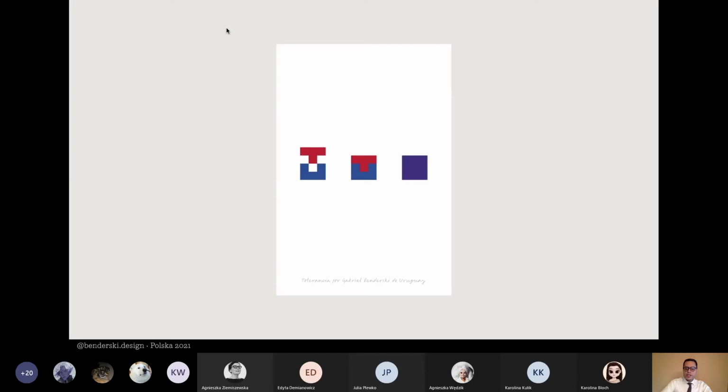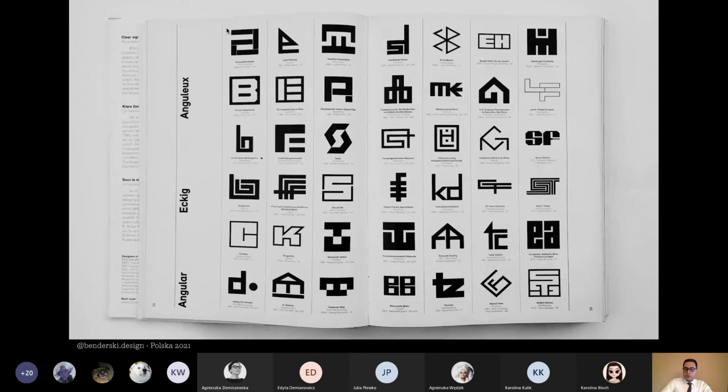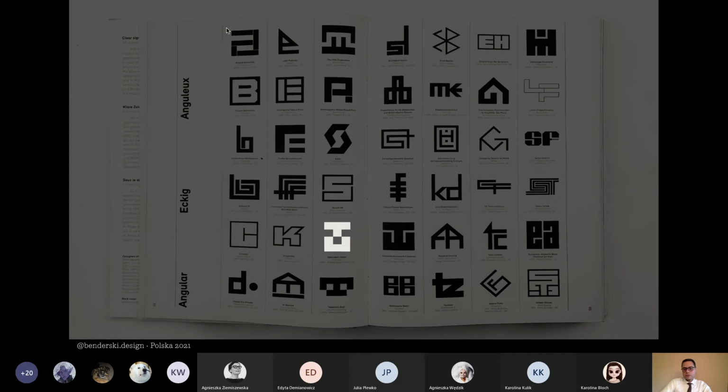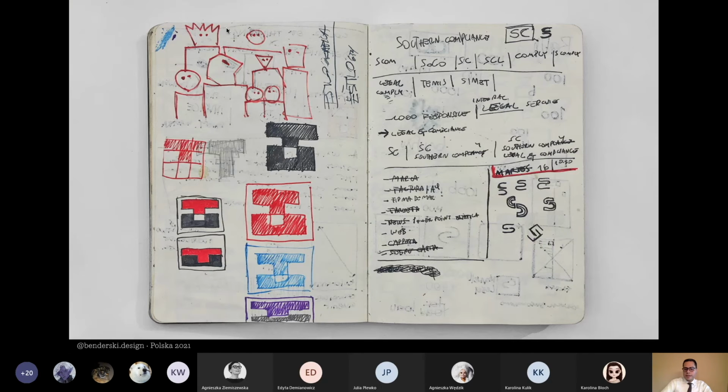Maybe I do something completely different. Go sit down, open a book of logos. I'm doing a poster, so why not open a book of logos? And I see this page, and on this page, I saw this logo. And I said, oh, maybe I can use this shape to tell the story.